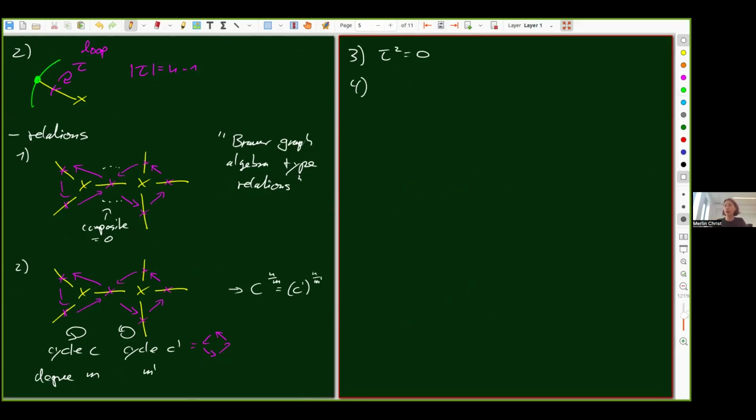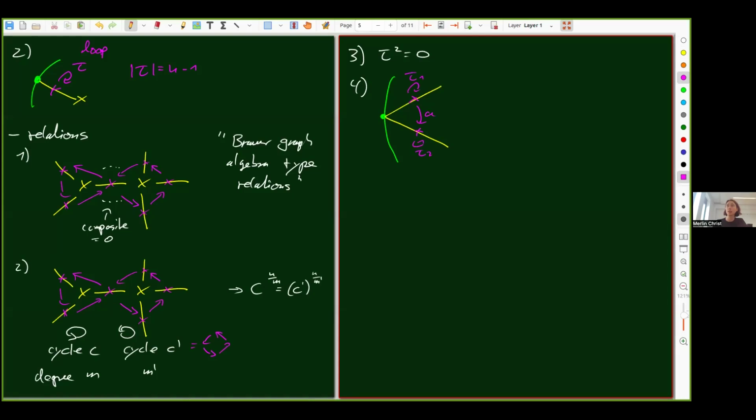And then let's say you have an arrangement like this. You have a boundary component with a singular point, and then you have two edges coming out. Then, as before, you get an arrow here, and then you also have these loops. So you have tau1, you have an arrow A, and you have tau2.